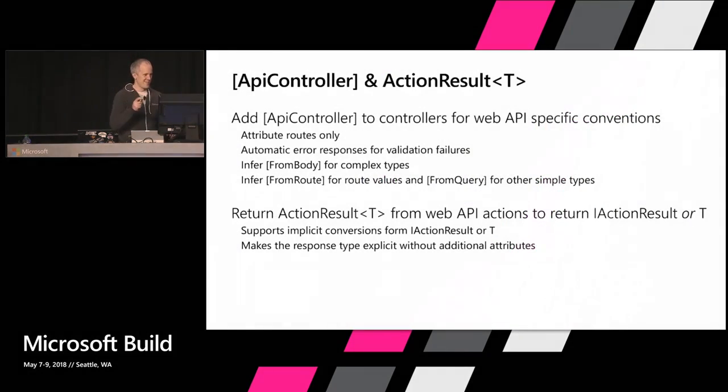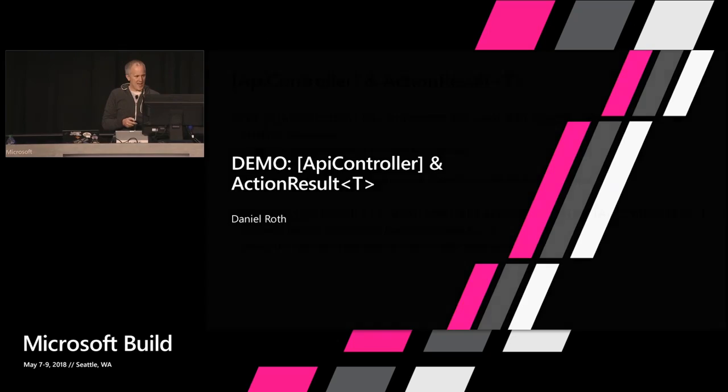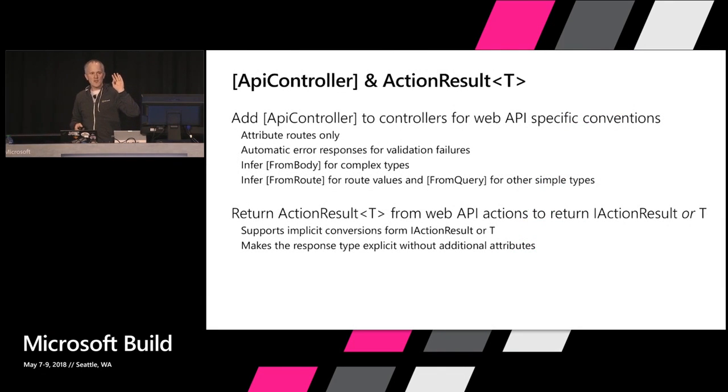Okay, yes, but there's more. This one I am going to skip. I think this one's going to take a while. So web API controllers. We have a new set of conventions that you can apply to an API controller in your app. What this will do is make your API controllers more descriptive and have less attribute noise. Like today, you have to put the FromBody attribute on the thing you want to come from the body, or FromRoute, or FromQuery.